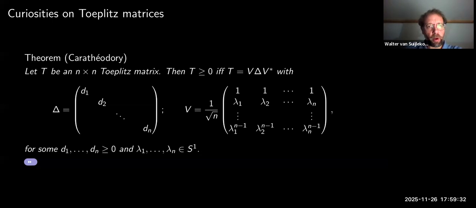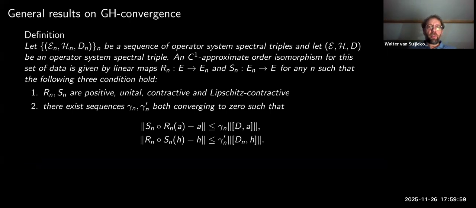So I have a few remarks, and this is at a fixed n. An amusing fact, but I will only do that very briefly, is that you want to compare these state spaces, and this is actually in the sense of Marc Rieffel, of these quantum metric spaces that you have at each level to the limiting case. The way we do this is the following. We actually compare, this is a general result, a sequence of operator system spectral triples.